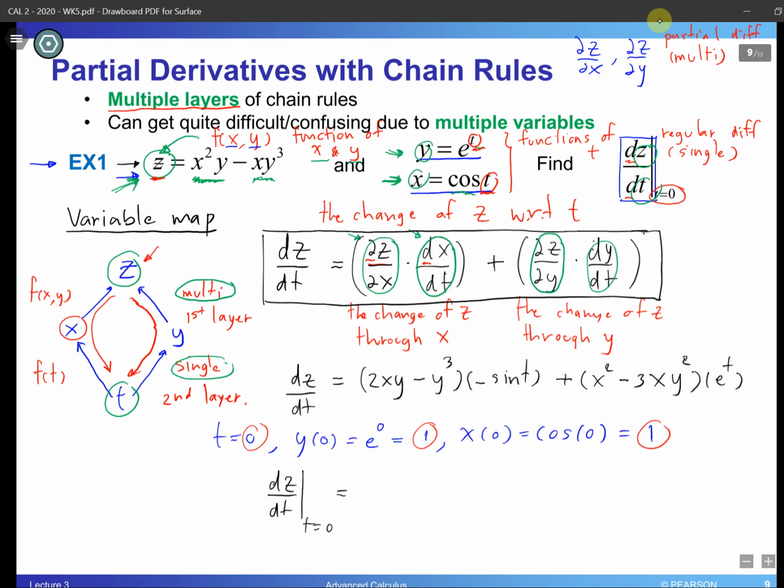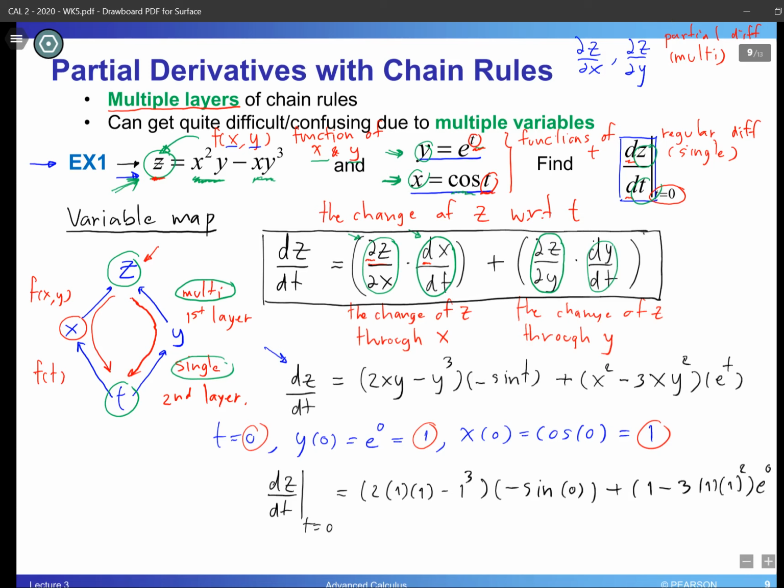Alright, into this expression. So I have this 2, 1, 1, minus 1 to the power of 3. And then I have this minus sine 0. Okay. And then I have this plus 1 minus 3, 1, 1 square, and then e to the power of 0.